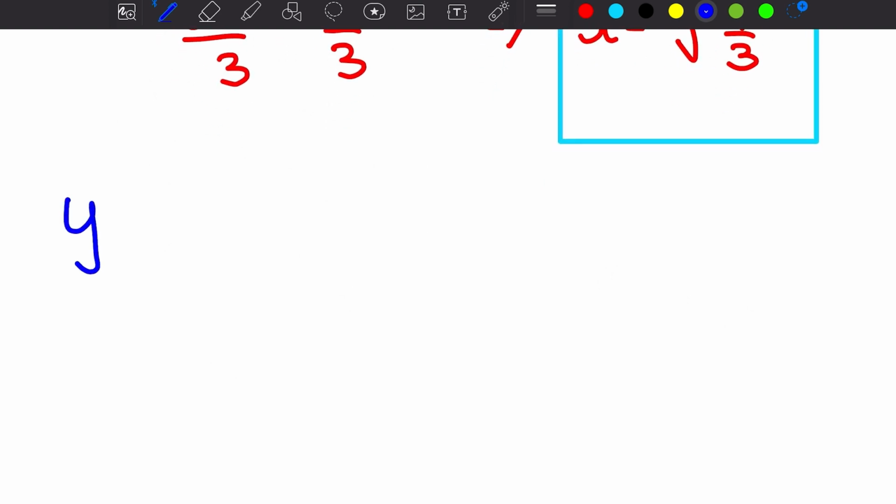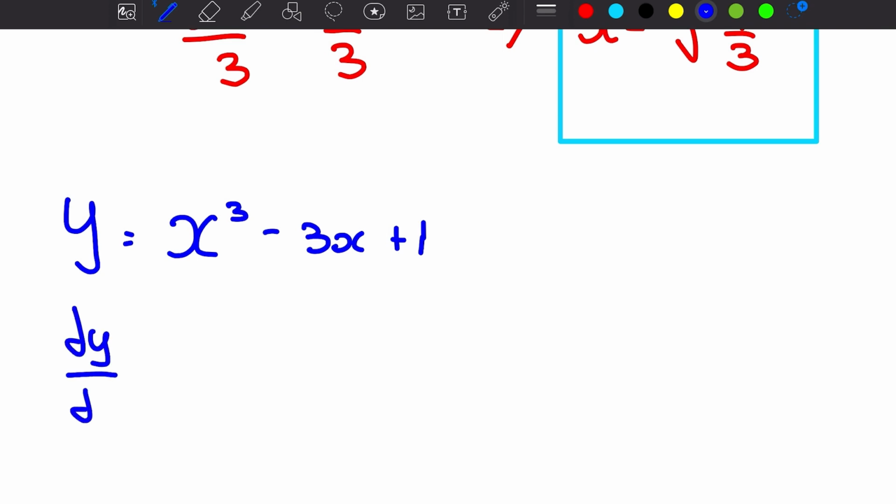So let's say y is equal to x cubed minus 3x plus 1, and we want to find the stationary point. We'll find dy by dx, which is equal to 3x squared minus 3.